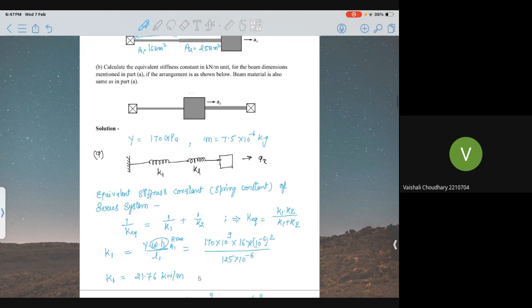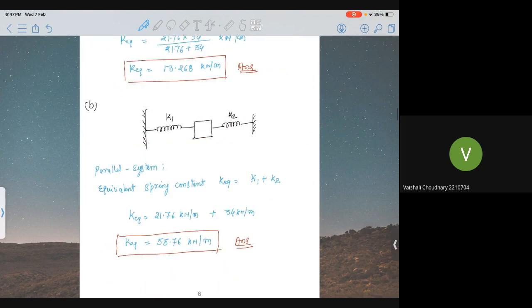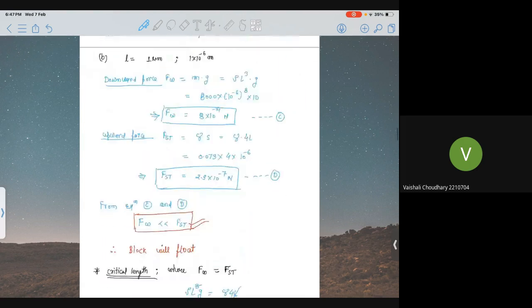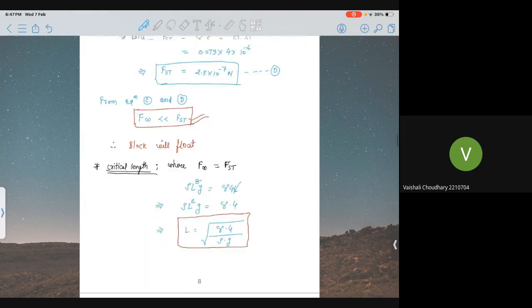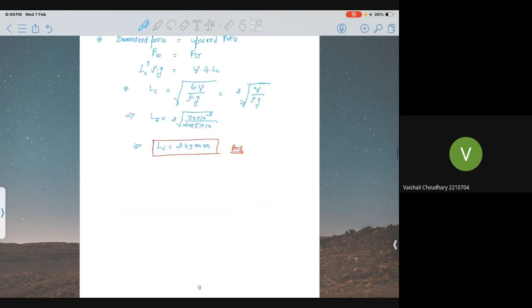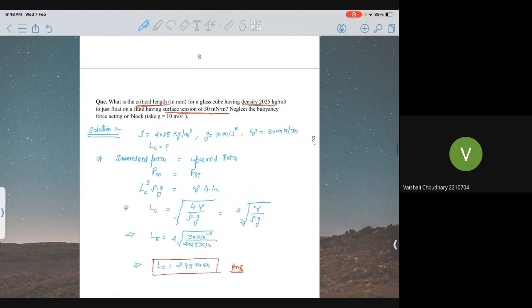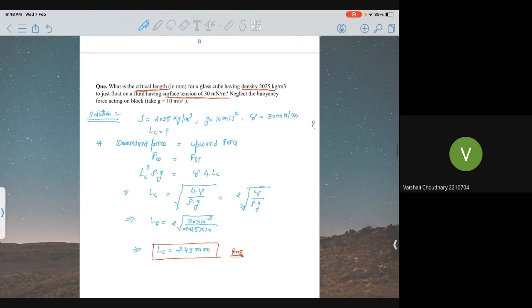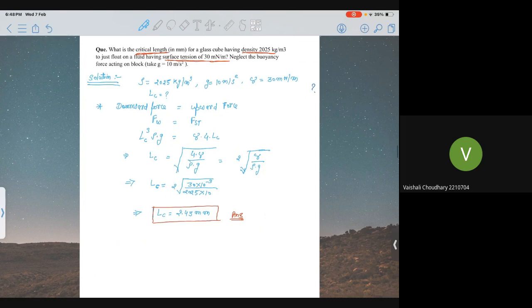We have calculated the values of equivalent stiffness constant for the parallel system and for the series systems. Then we have solved some problems based on the critical length, such as if we dip a glass block in water, what will happen for different lengths of blocks? Will it sink or float? Okay.